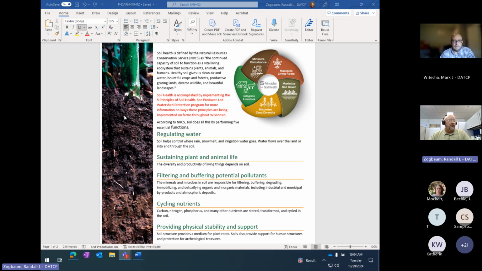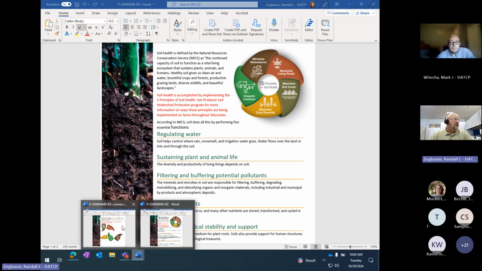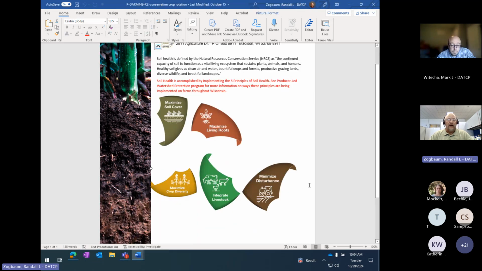The big one that we're always concerned about is regulating water, of course, which is a big part of the work we do in our conservation planning. With that, again, the point that Mark brought up with a lot of these new practices is to really have the tools to be thinking about this in a conservation planning process. And with soil health, if we look at the 5 different principles that lead back to soil health, the harvestable buffers fit into all of these in some way, shape, or form.